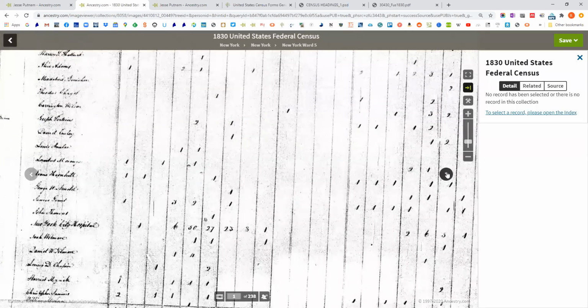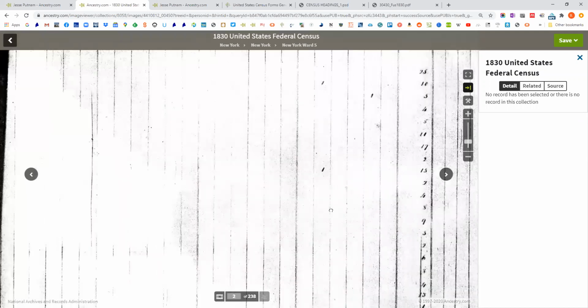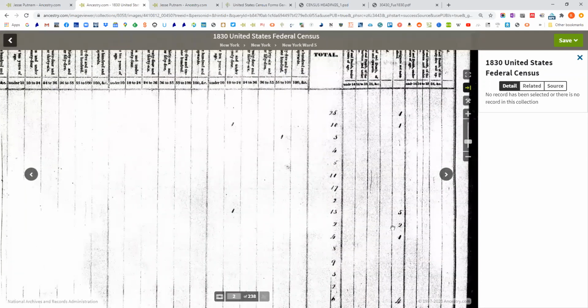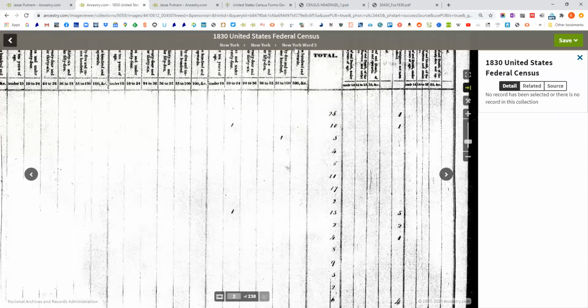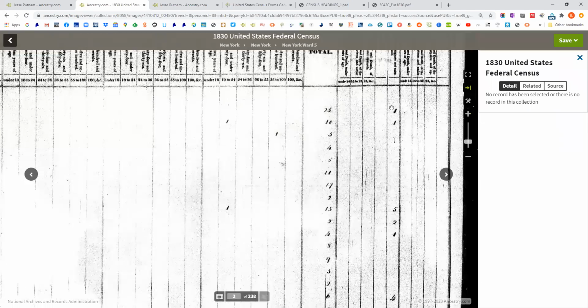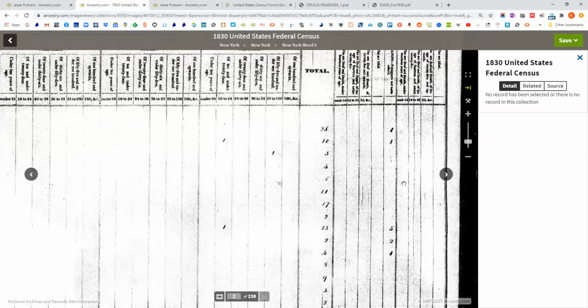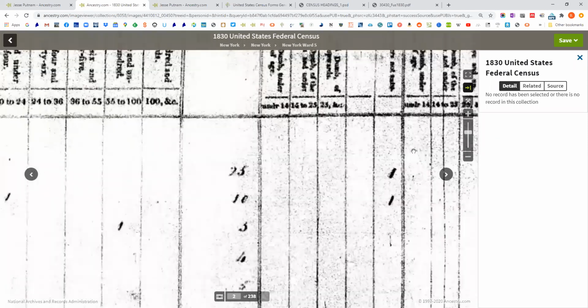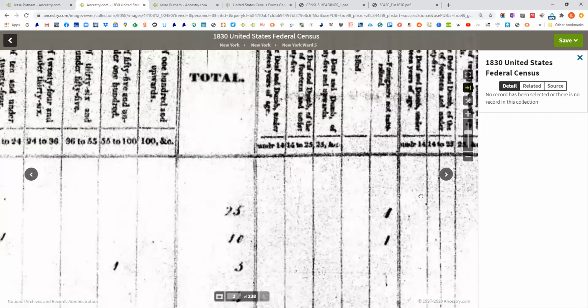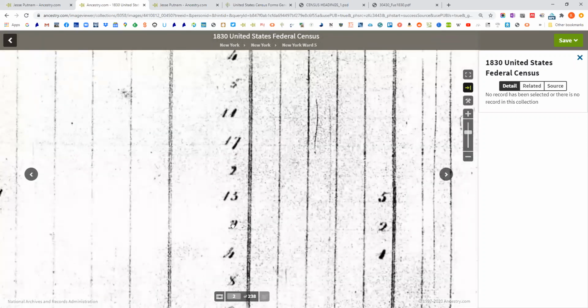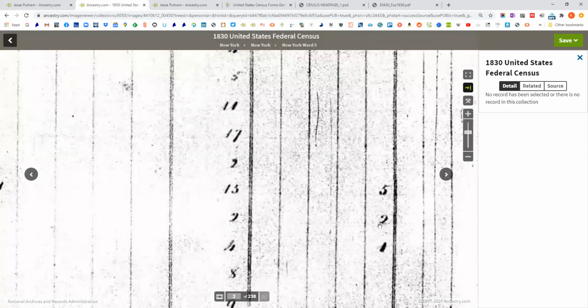But this is at least, you know, if you have an ancestor who is here in the 1830, and you want to see, if you find them, it is worth looking to see if they were naturalized or not. Because here you have a household of 15, and 5 of them are not naturalized. Right? So that's, and here's a household of 2 where there are 2 that are not.